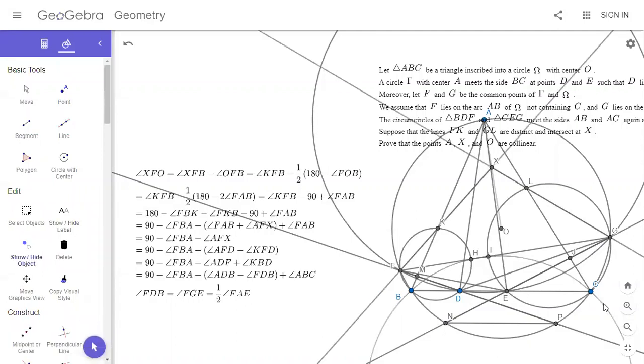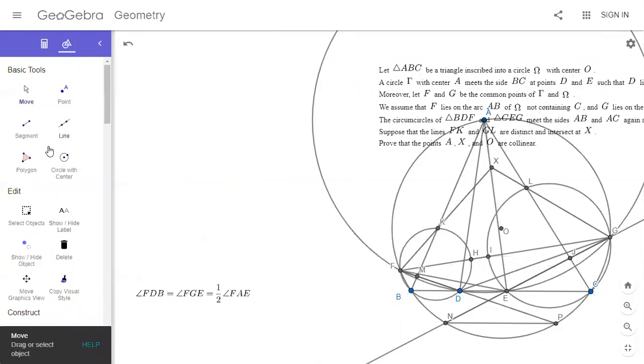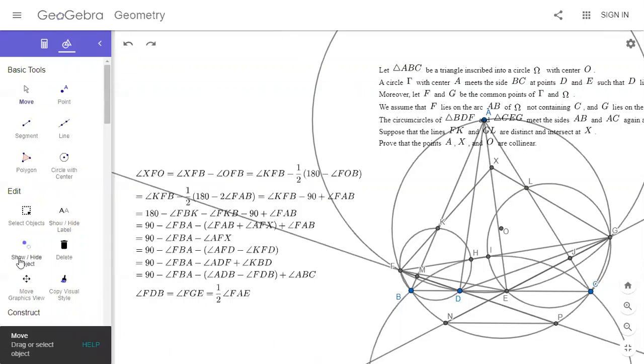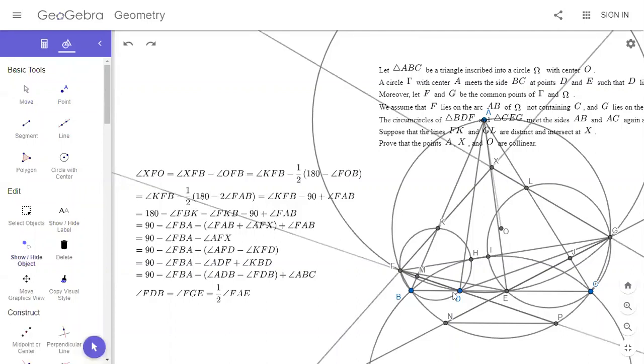Okay, I'm going to hide that circle for just a second. All right, whoops. Didn't want to hide all that text.